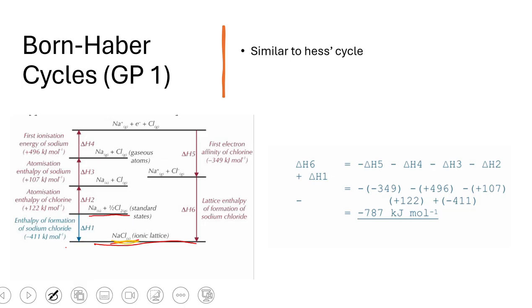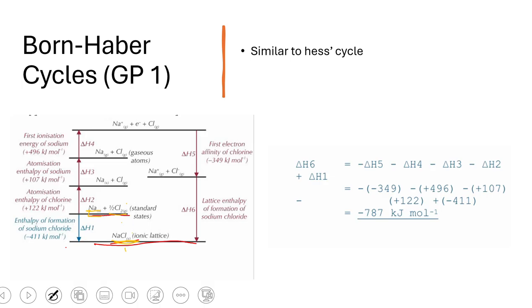And this will be the atoms in the ionic compound in its standard states. And you try to write the equation here such that it will be the same as here. So you balance this one. Since the chlorine in the ionic lattice is 1, you balance it by halving Cl2.